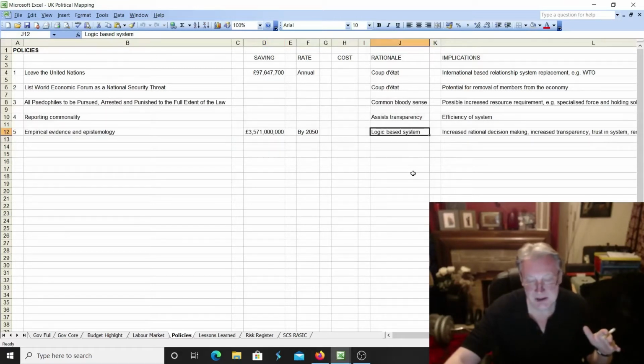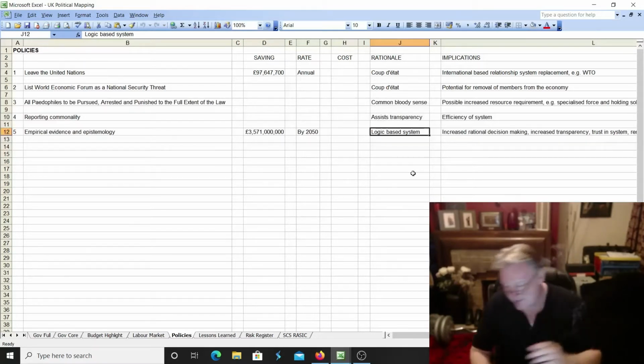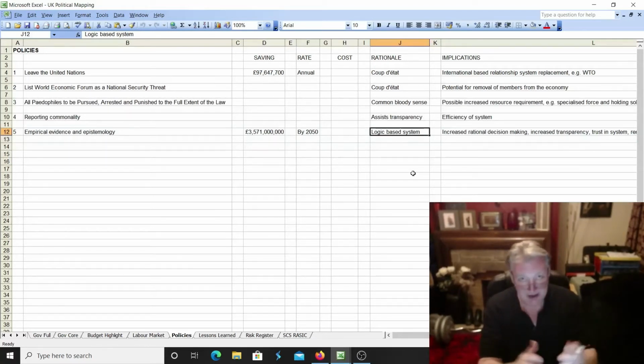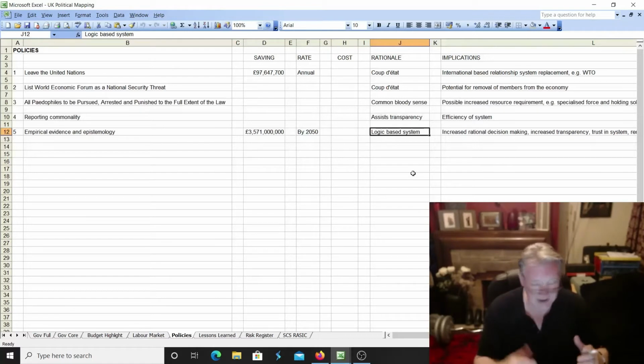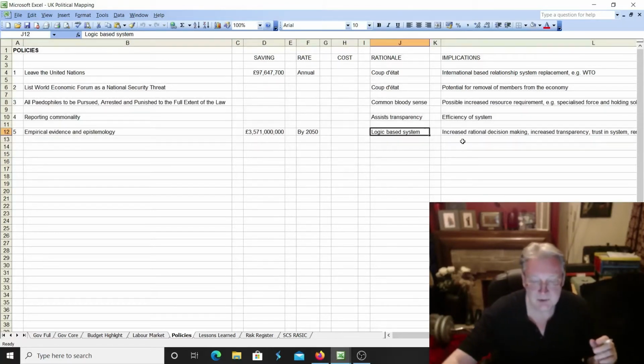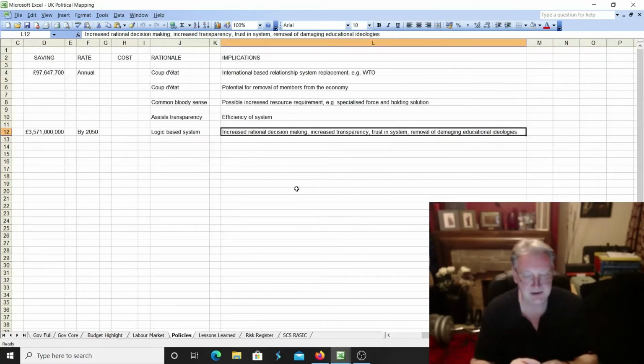When we've got a logic-based system and something that everybody can understand, we can then not only have that transparency and the information that we're hoping for from our governments, which anybody that cares to can look into and hold people to account for, it's going to be much easier to present, much easier to track, much easier to identify any flaws and to develop the appropriate response to that. It will have a knock-on effect across a range of different areas.